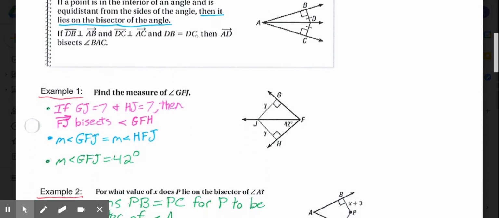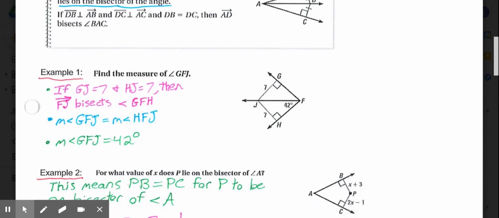So example 1 is asking us to find the measure of angle GFJ. So find the measure of G to F to J, so this upper angle right here. So what do we know? Well, in the diagram, we know the distance from G to J is 7 and J to H is 7. So that tells me J must be on the bisector because it's the same distance from each side.